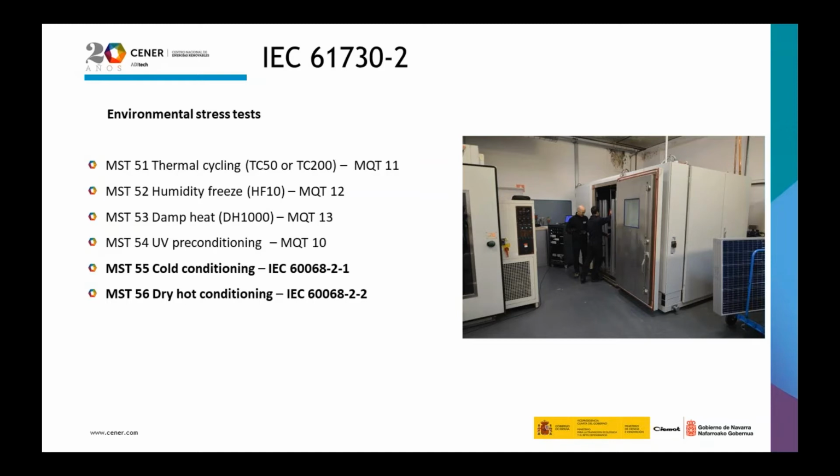And in the dry hot conditioning, the module has to be at 105 degrees centigrade during 200 hours. Those tests are optional tests only to reduce the pollution degree of the materials.